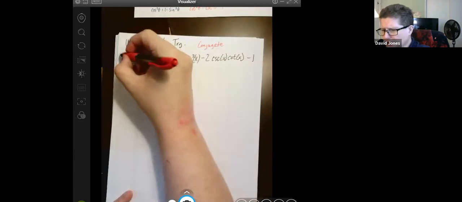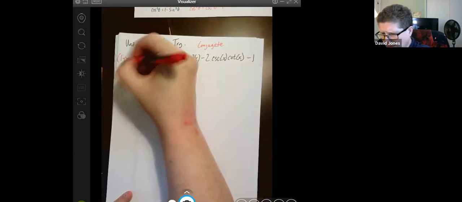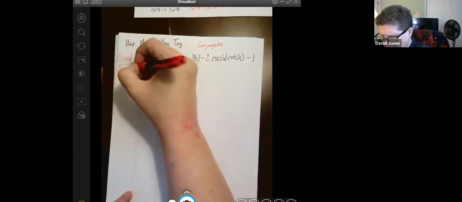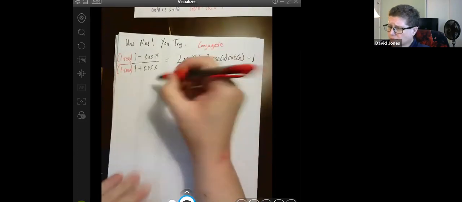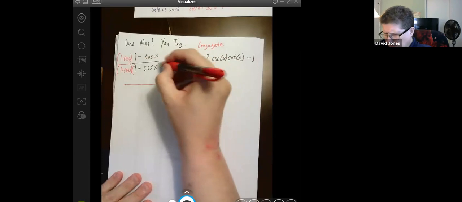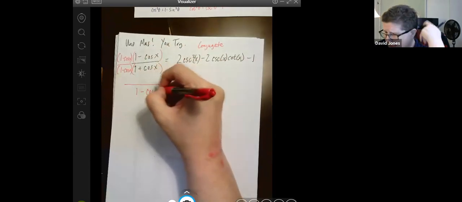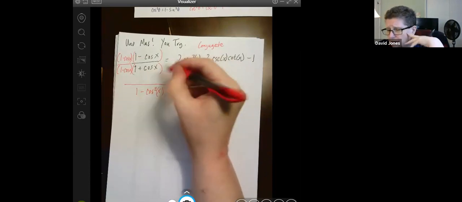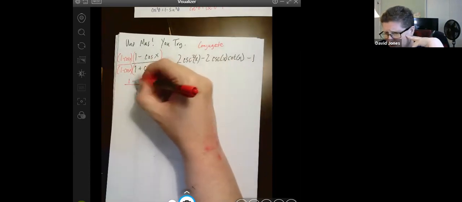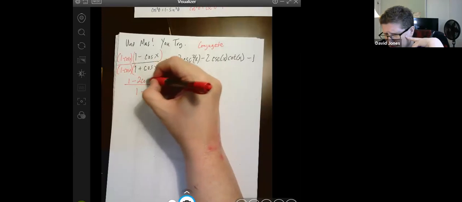So I'll multiply this by 1 minus cosine x. The bottom is the difference of squares. It turns into 1 minus cosine squared x. That's why we did it. The top is 1 minus 2 cosine x plus cosine squared x.